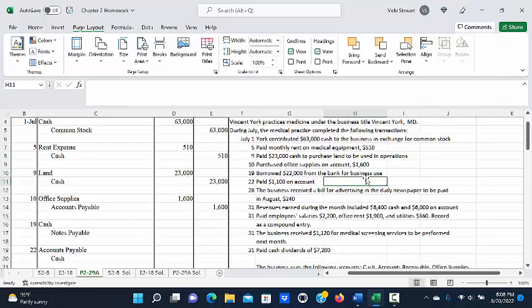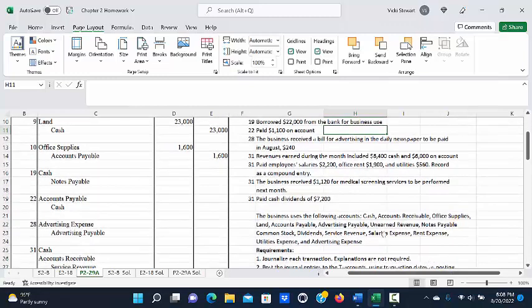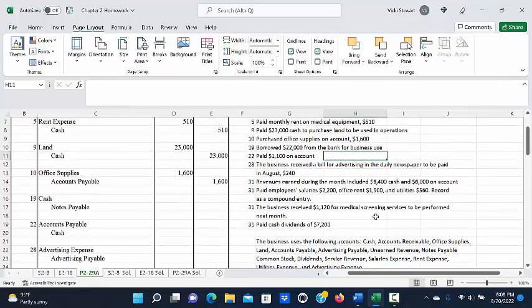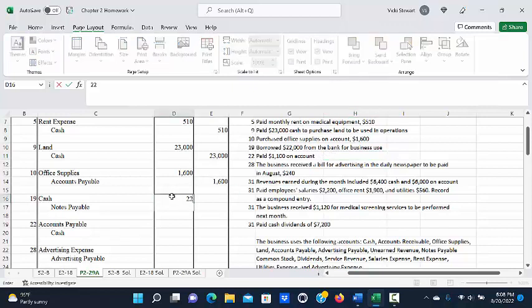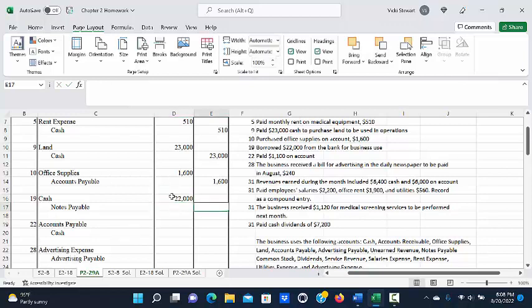Now there are different types of liabilities, so we can see several different liability accounts listed: accounts payable, advertising payable, unearned revenue, and notes payable. When you borrow money from a bank, it is a note payable. You sign a note in order to borrow the money. So that would be our credit. Sometimes you just have to read all of the choices that you're given until you learn this and can pick out, sometimes by virtue of elimination.